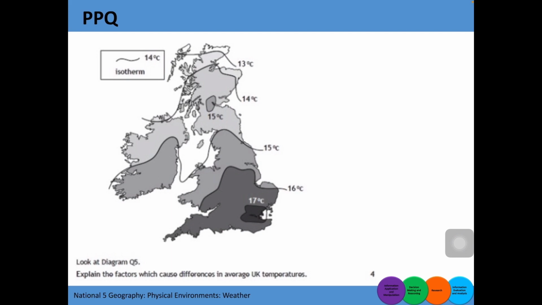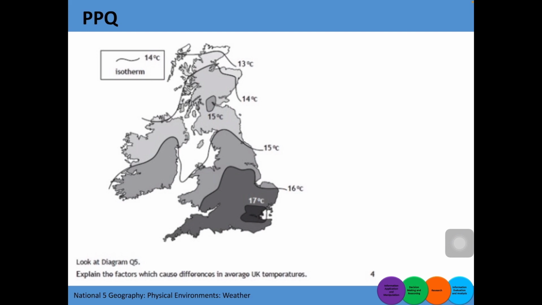R, or relief. The higher you go, the colder it will get. On average, it gets 1 degree colder for every 100 meters. D, distance to the sea. The closer you are to the sea, the milder the temperatures will be year-round due to the effects of the North Atlantic Drift.